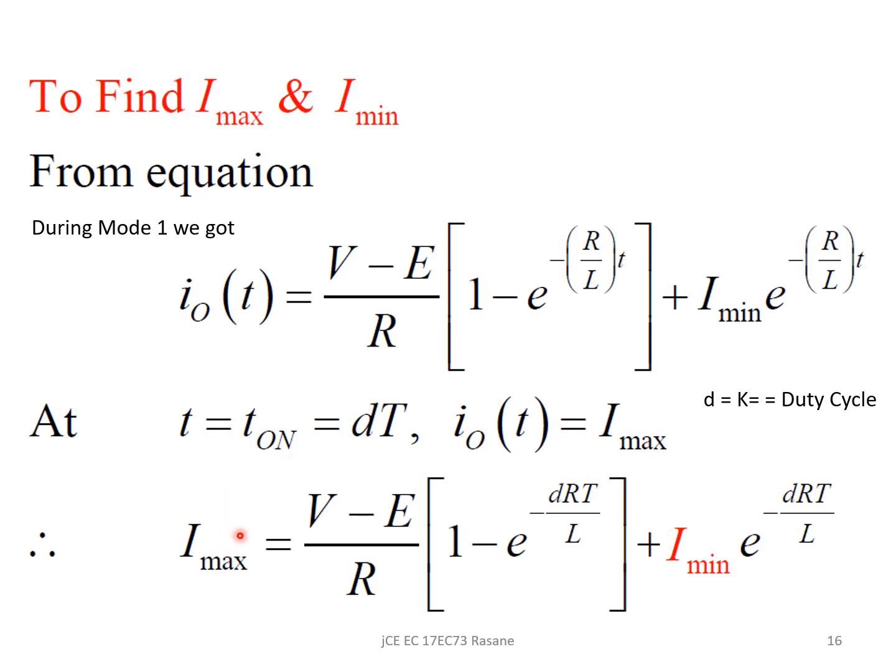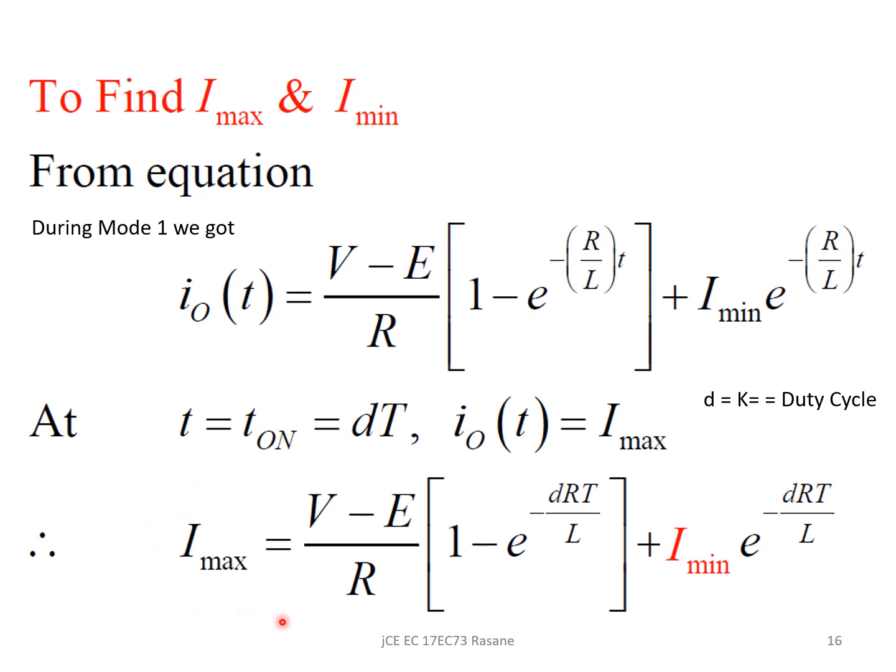So I will write I naught of T equal to I max, which is equal to V minus E upon R, 1 minus e to the power of minus R by L into T, where T is represented as D into capital T, D is the duty cycle, plus I minimum e to the power of minus R by L, again with T represented as D into T. So this is the expression I am getting for I max.